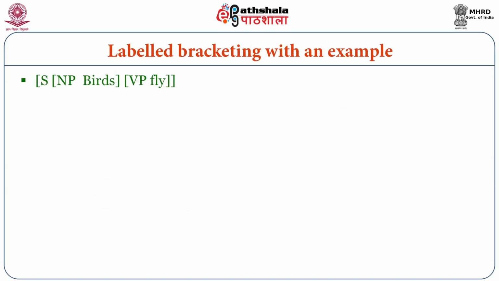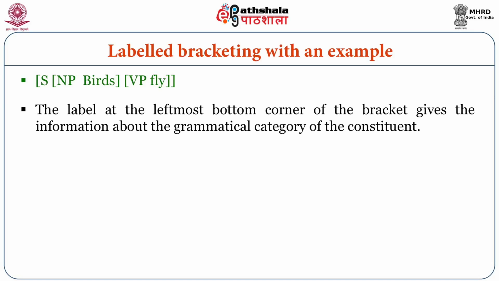Now you see in this labeled bracketing with an example, within these square brackets we have put birds and fly. Birds is the noun phrase and fly is the verb. So the label at the leftmost bottom corner of the bracket gives the information about the grammatical category of the constituent.